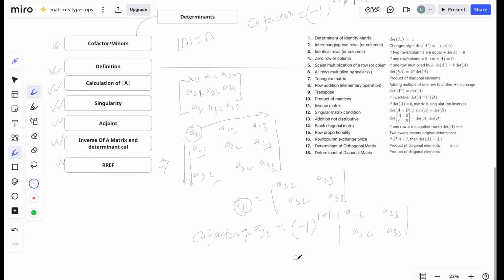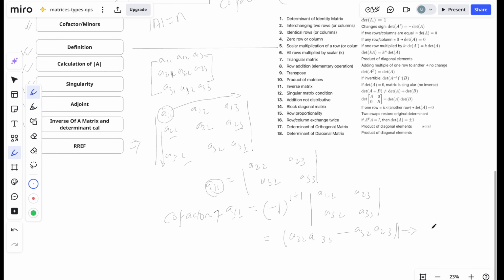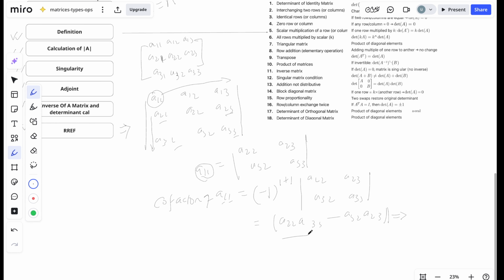Ultimately, this calculation would be minus 1 to the power 2, which is positive, times A22 A33 minus A32 A23, and this will again be a scalar quantity. So this is the definition of cofactor and minor.